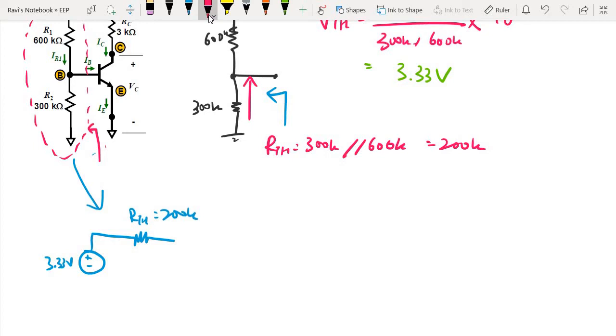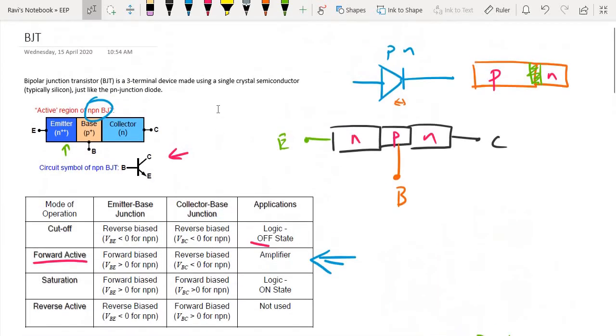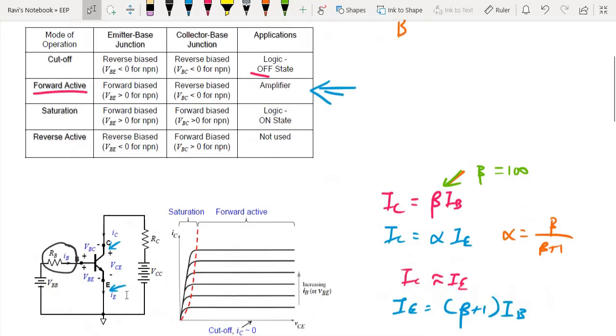As we said earlier, the base and emitter is equivalent to a PN junction. For this PN junction, base and emitter, to function in the forward active region, the VBE must be greater than 0. So you think of this as just a diode extracted out from a transistor. For the forward active region, VBE must be greater than 0 in order for it to function.